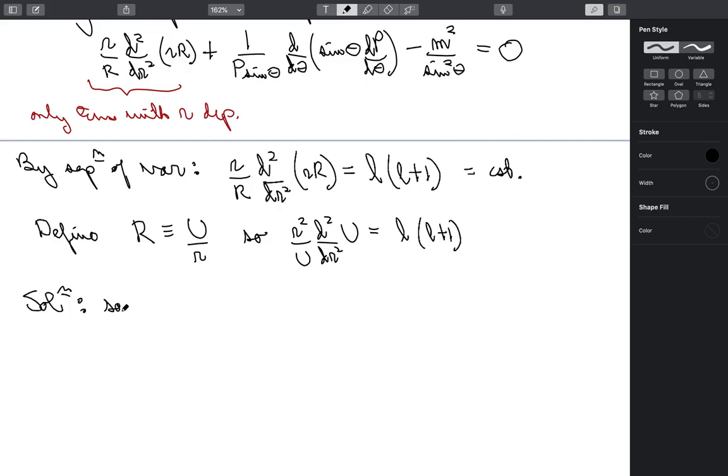Let's say that u is equal to r to some power alpha. Then what do I get? I get here r to the 2 minus alpha, and now the second derivative of u is just alpha times alpha minus 1. Sorry, that's a minus 1 here.